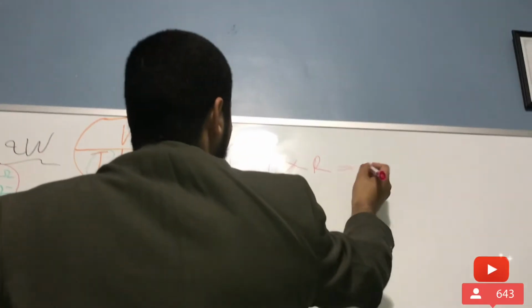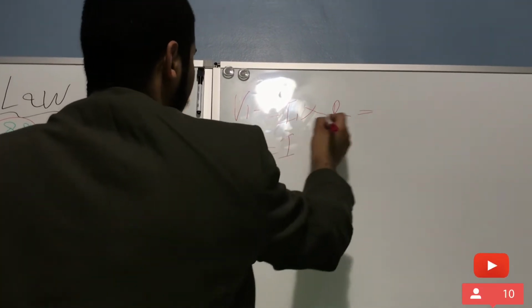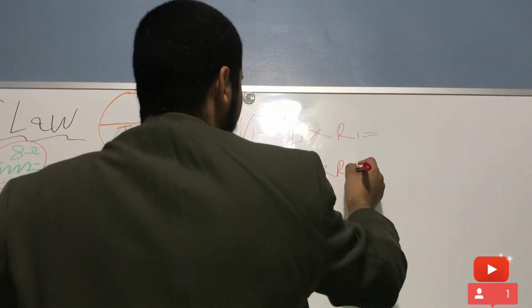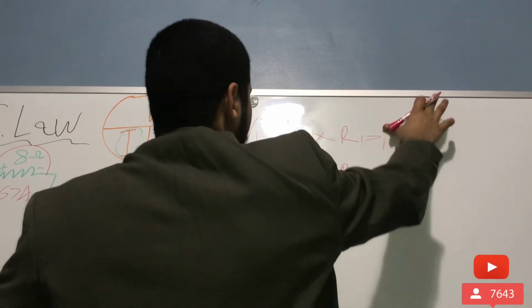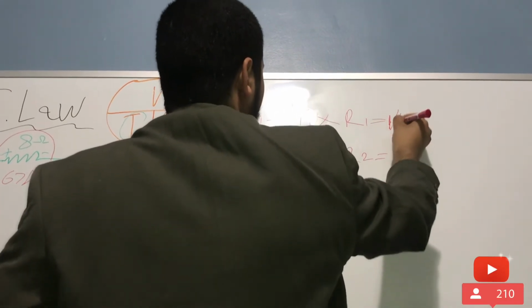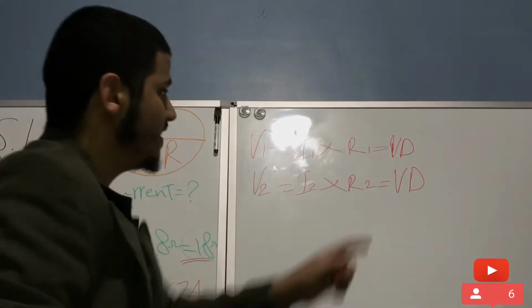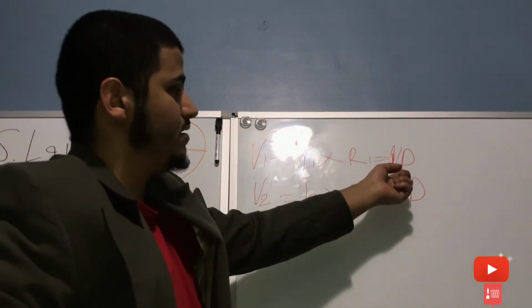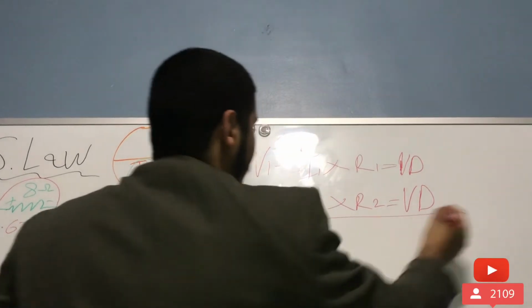So volts 1 is current 1 times resistor 1, and volts 2 is current 2 times resistor 2. That's the VD, which is the volts. The V represents the volts, and D represents the drop, voltage drop. So that's a formula. I just gave you the formula.